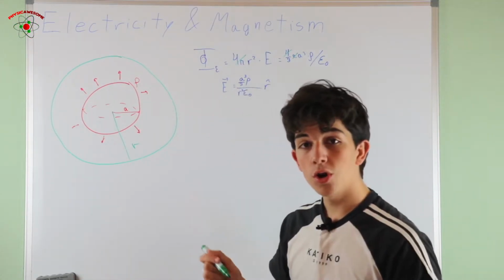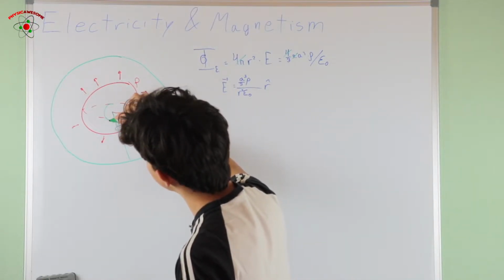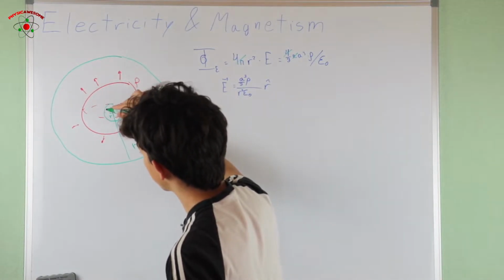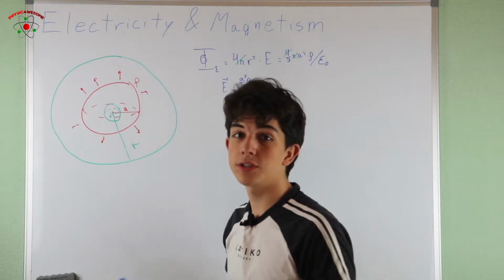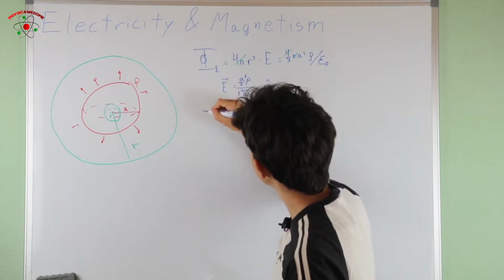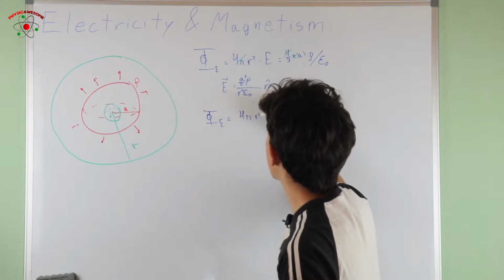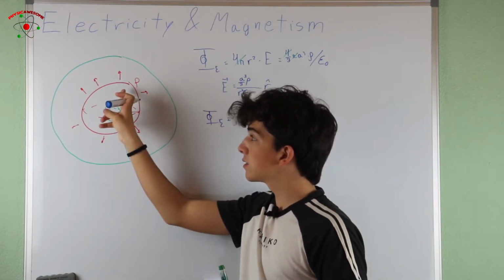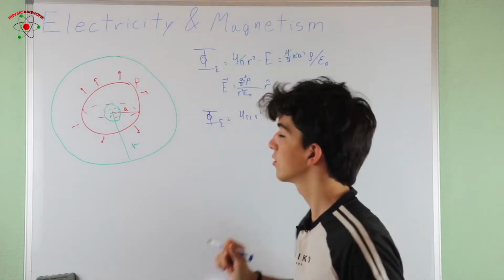To do so, we need a smaller Gaussian surface. We're going to take a sphere over here of radius r again. And now our flux calculation is going to be the exact same one. The flux is going to be 4 pi r squared E. But this time, the charge enclosed is going to depend on r, not on a.